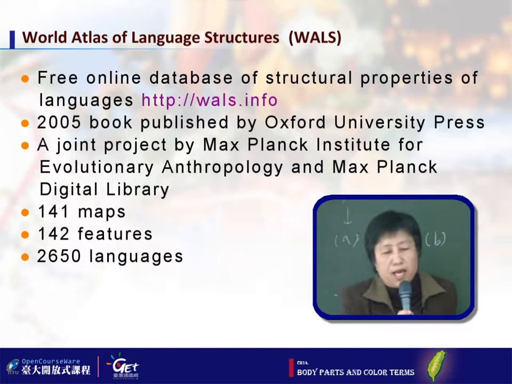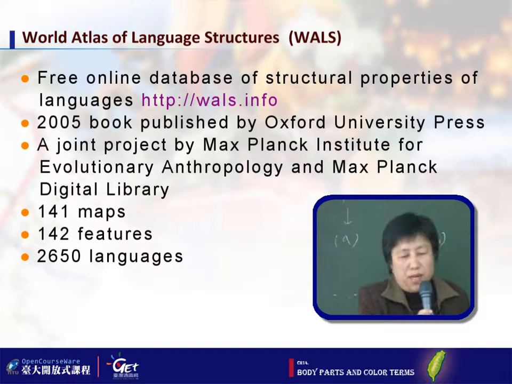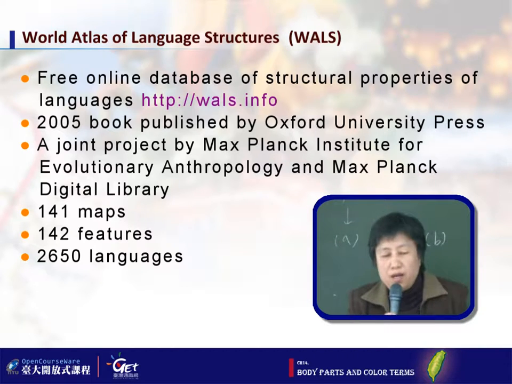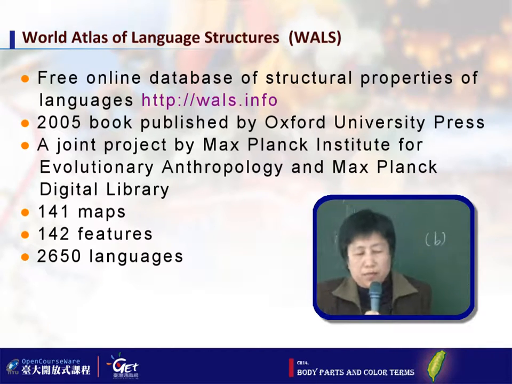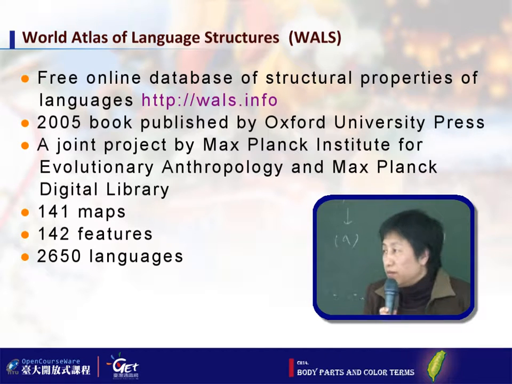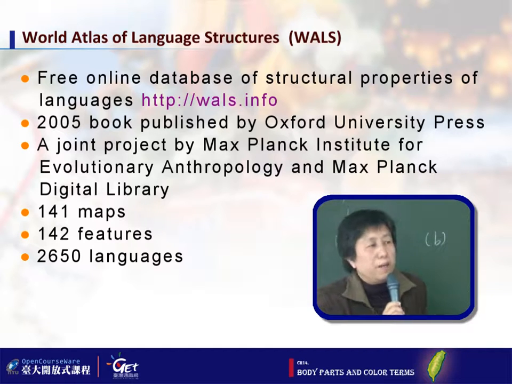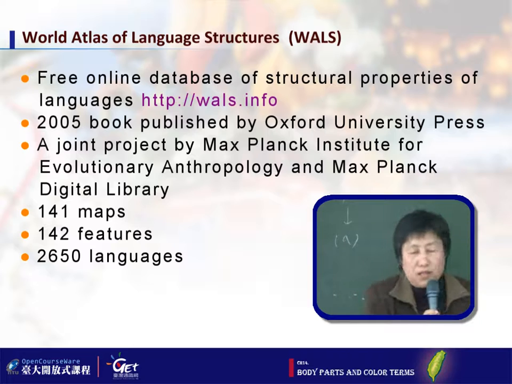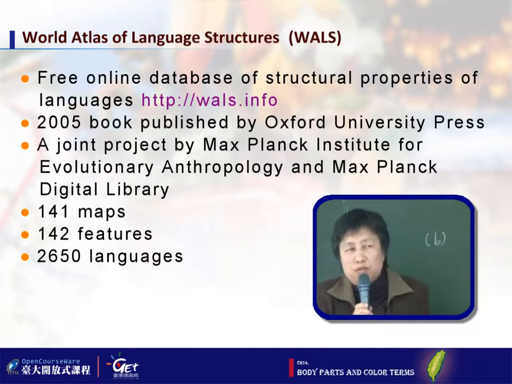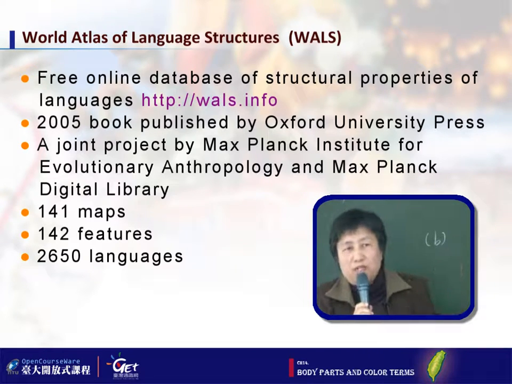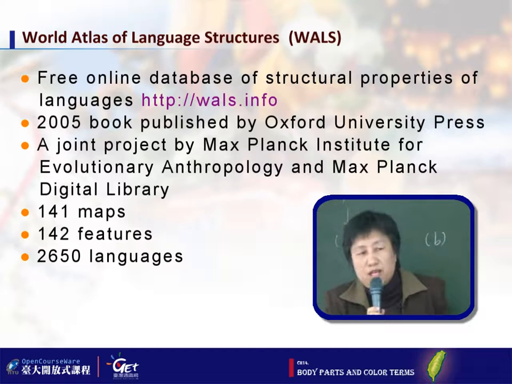There are 141 maps, including 142 features, and the languages covered are more than 2,000, close to 3,000 languages, which is almost half of the languages in the world. The number of languages in the world is considered to be close to 6,000 to 7,000, and is somewhat decreasing because some of the languages are lost.